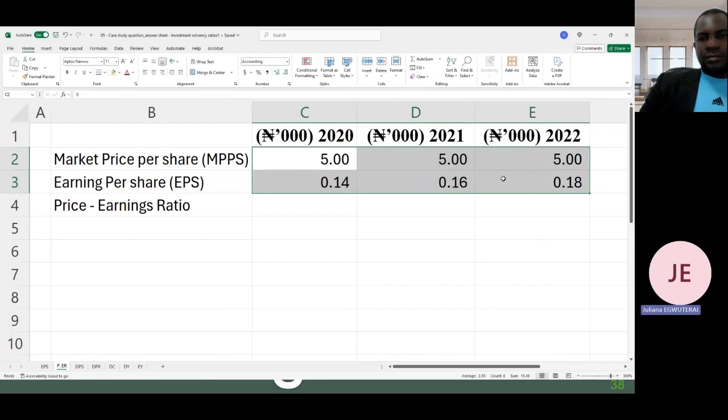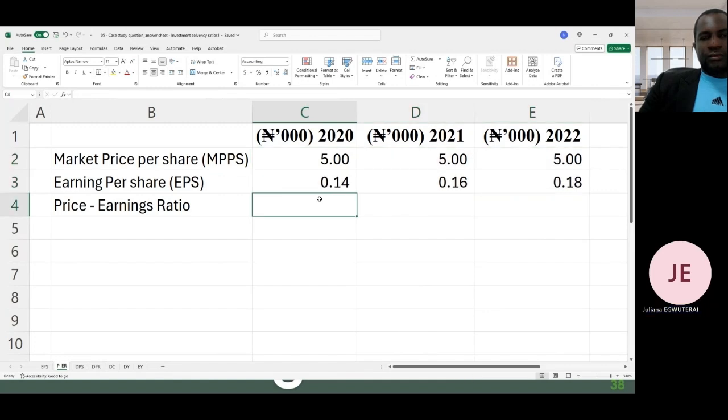It's 5 divided by 0.16. 31.25. Okay, let me do 2020 first. Wow, 35.25. That's incredible. Okay, so for 2021, 31.25.